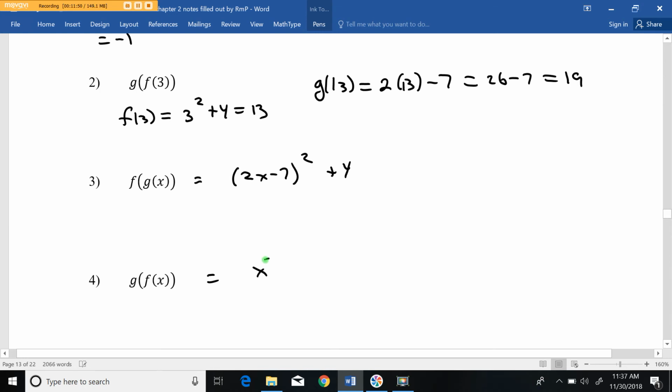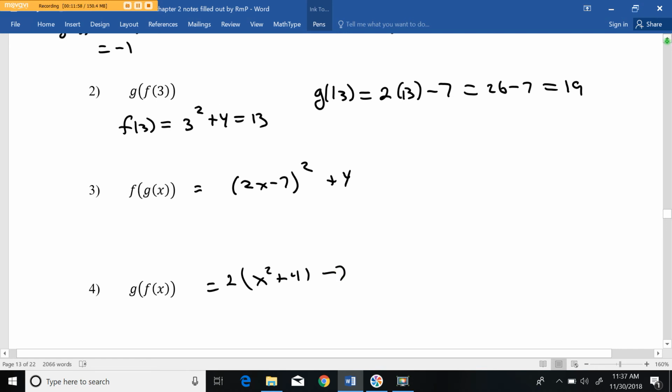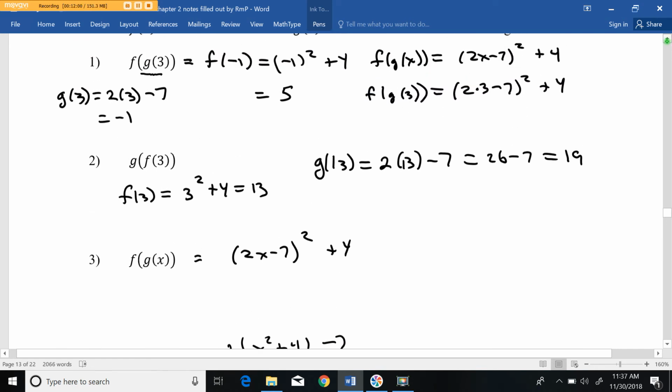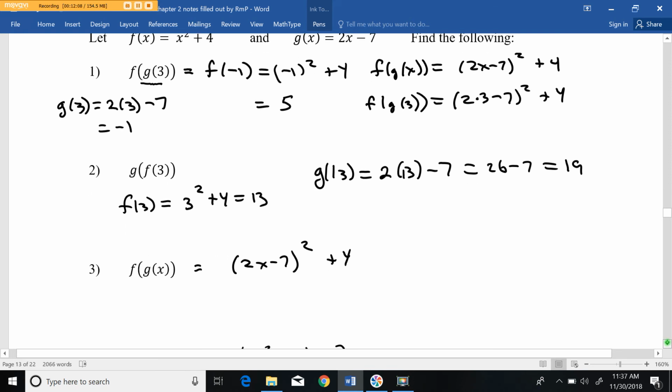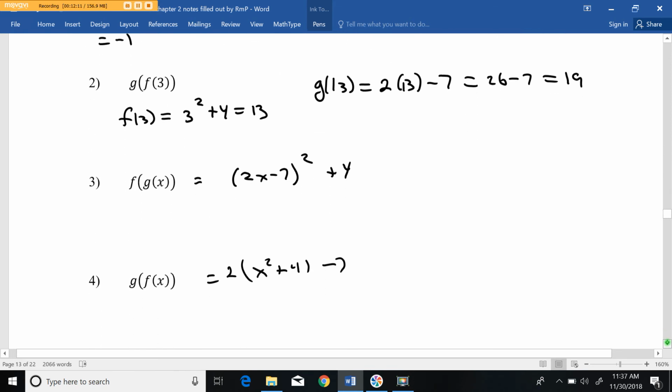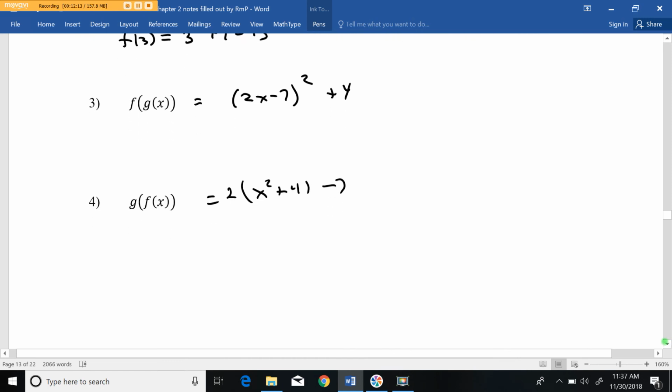I don't have these sitting in front of me anymore. Double check that. This into this function, 2 times x squared plus 4, and then minus 7. All right, we're good.